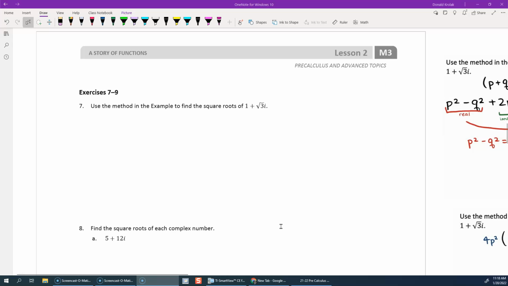Okay. So first thing, get the modulus of this guy and get the argument.